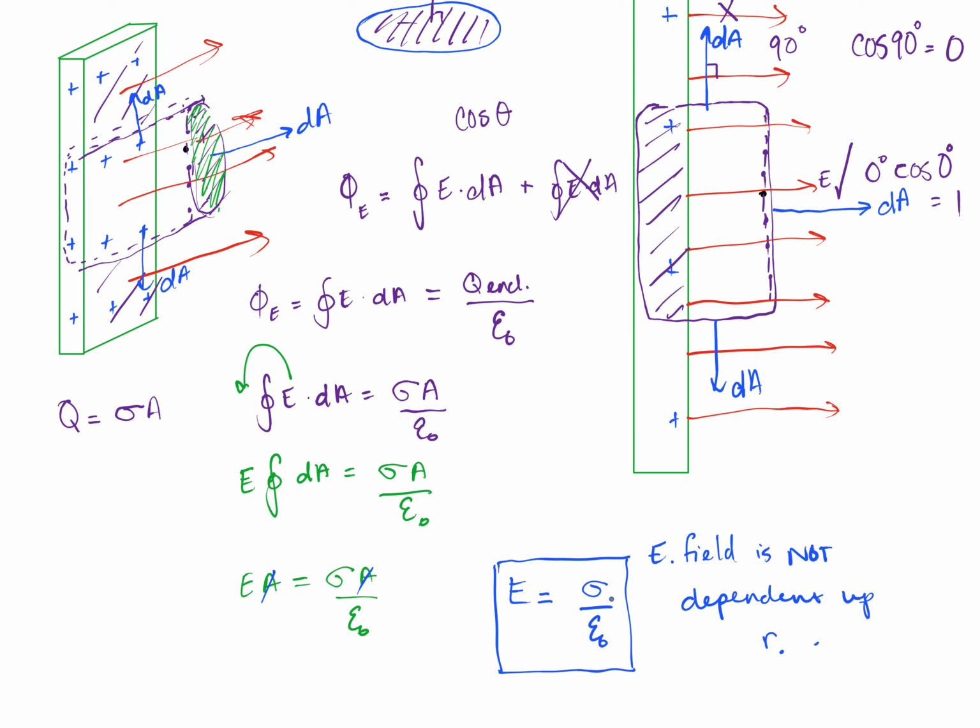It's only dependent upon the surface charge density and then the vacuum permittivity of the space. So in other words, if I have a more dense charge distribution, I'll have more electric field, which makes sense. So it's saying that if you move further out, it doesn't actually affect what's going on. And so this is for any surface, this is what's going to happen.